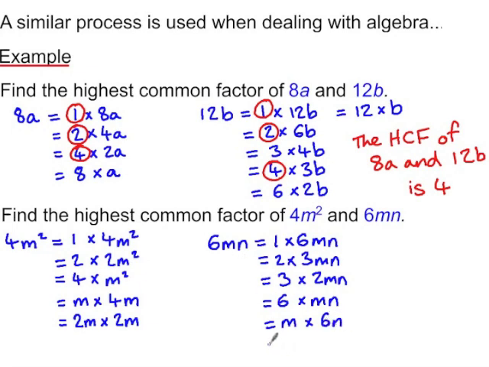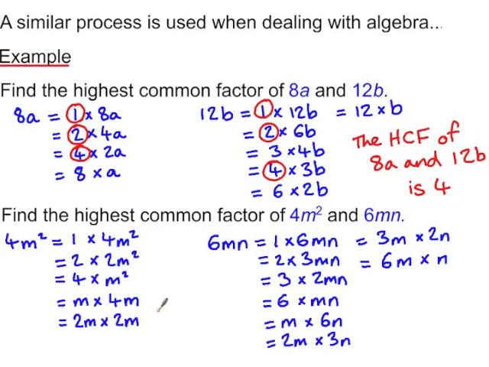And also 2m is a factor, 2m times 3n. 3m is a factor, 3m times 2n. And 6m is a factor, 6m times n. And of course we've got n, 2n, 3n and 6n, we've already used those.